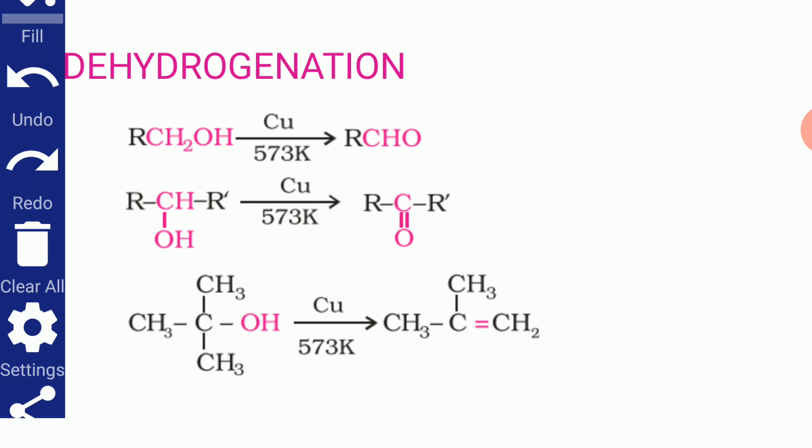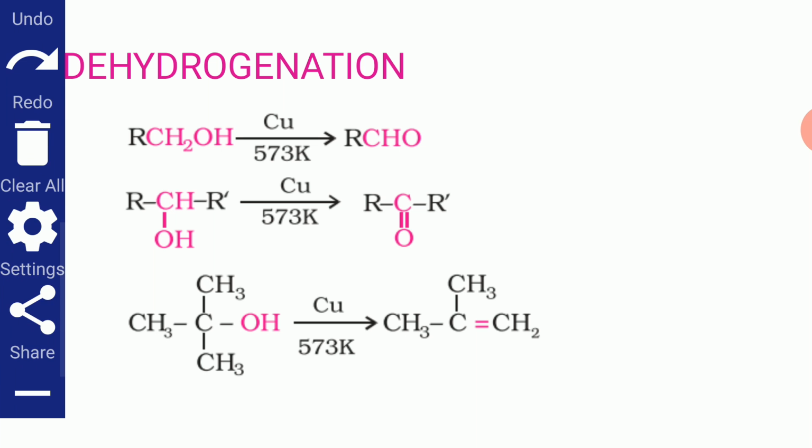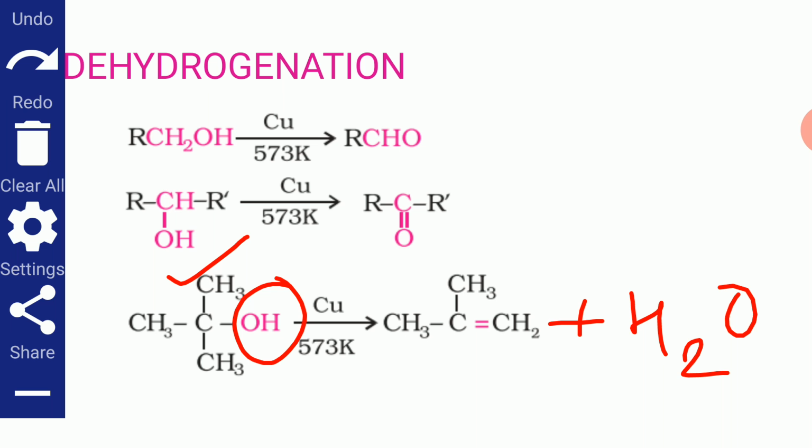Talking about the tertiary alcohol, it does not undergo a dehydrogenation reaction. Instead, it will remove a water molecule from itself: the hydroxyl group and the hydrogen of one of the alkyl groups will combine to form water, and a double bond formation will take place.